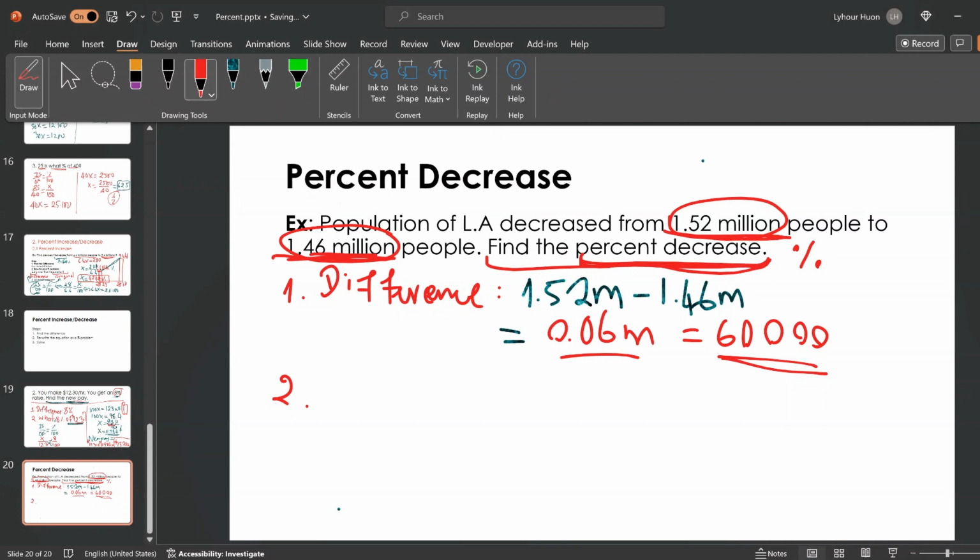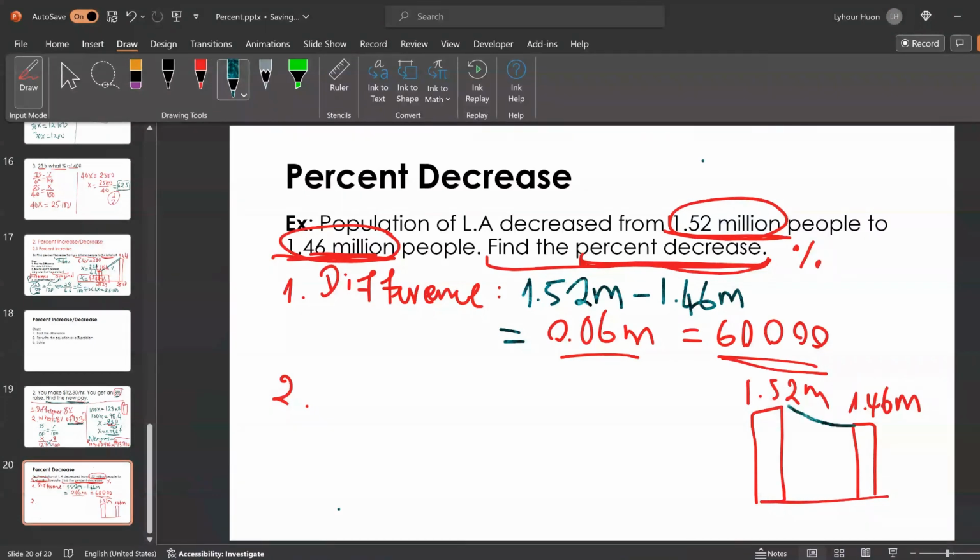Now we know the original number is 1.52 million, and later it decreases to 1.46 million. So what we want to know is how much percent decrease from here to here.